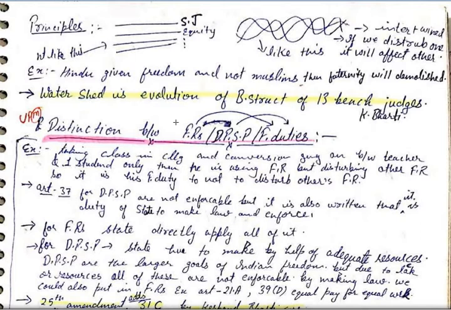So your rights will be given a meaningful purpose, or you will enjoy your rights only if the other citizens do their duties, and the other persons also enjoy their fundamental rights when you fulfill your duty.